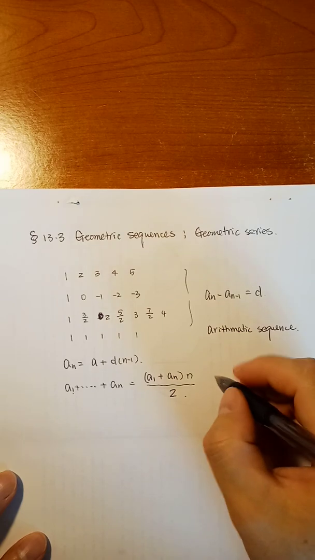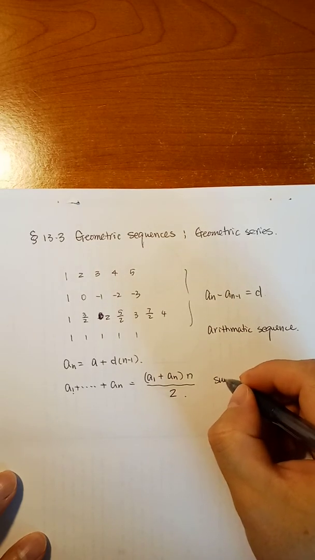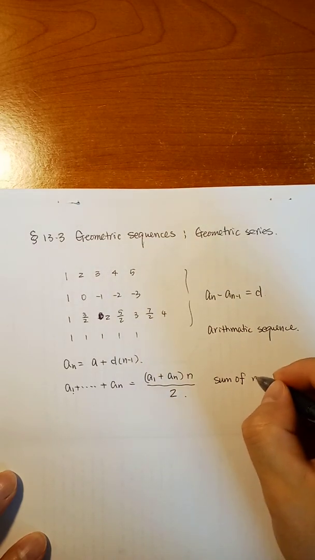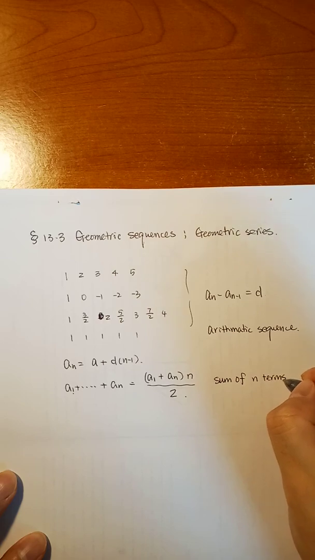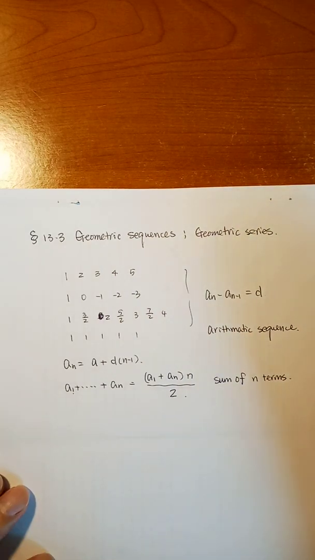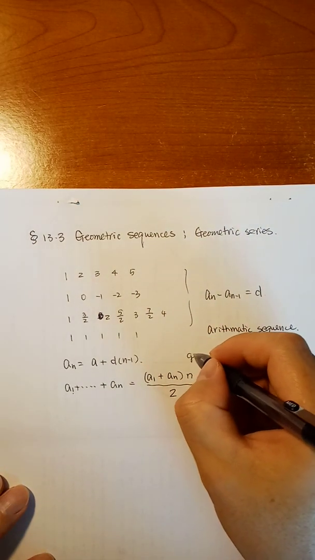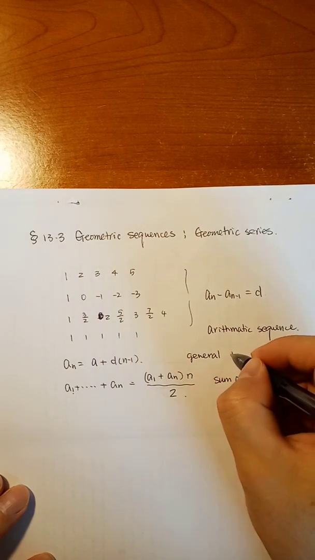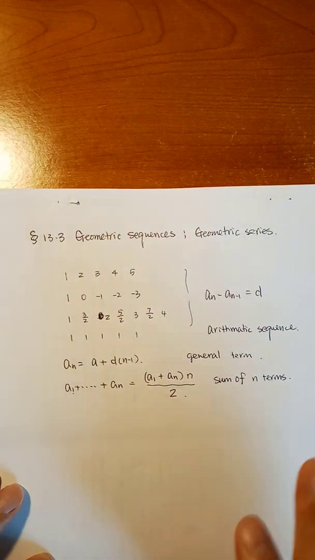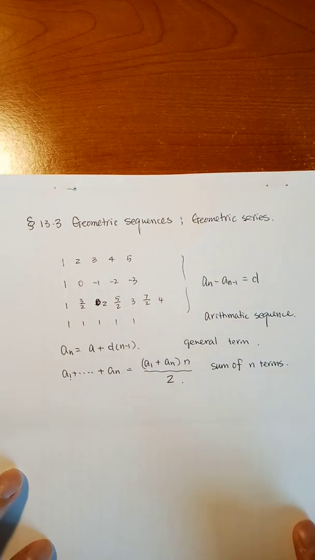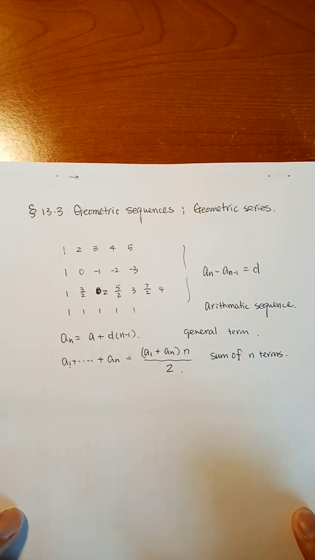So this is the sum of n terms, and that is the general term. It's very, very important. The arithmetic sequence is one of the fundamental sequences.